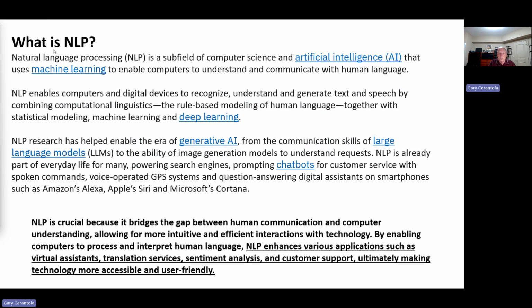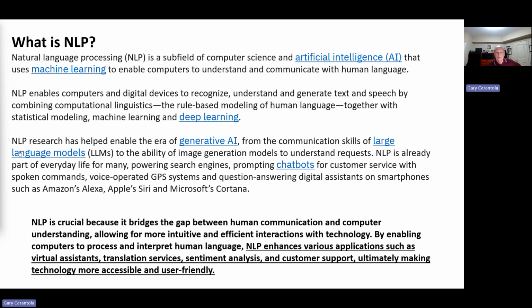Now we're going to get into natural language processing. And with AI, it's becoming even more and more of a piece. And now people don't even have to learn coding. They just have to understand how AI can help them create the code.